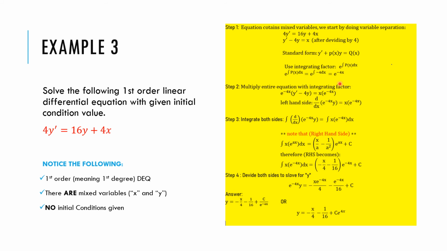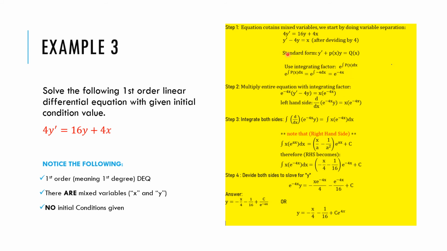Once I get the integrating factor, I am going to multiply both sides of that equation with the integrating factor, which is what I have done here. As you can see, I have e raised to negative 4x multiplied by open parentheses y prime minus 4y close parentheses equals x times e raised to negative 4x.